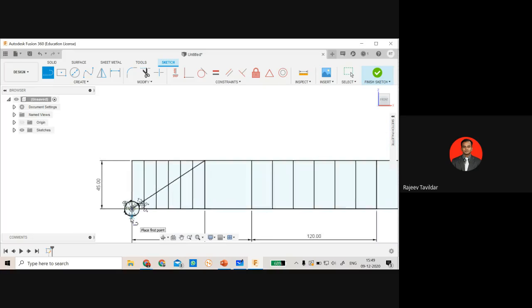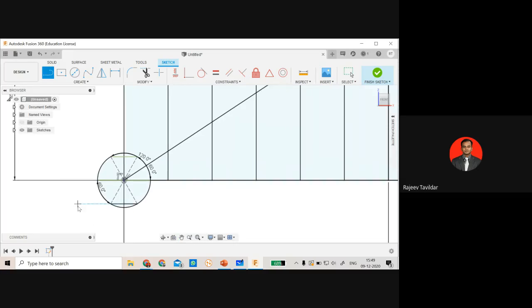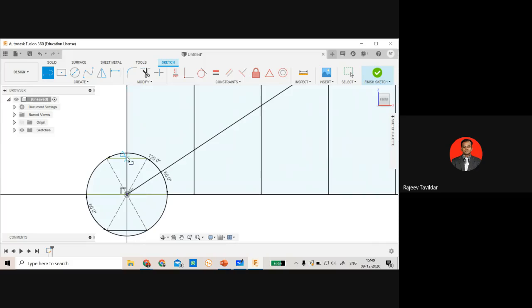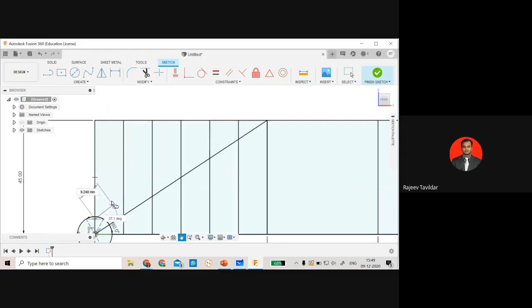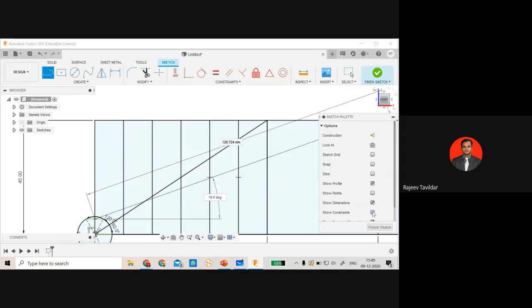In the next step, I will draw one more line starting again from the midpoint of this horizontal line, that is the top one, such that it is parallel to our previously drawn line. I'll just enable the constraints option.